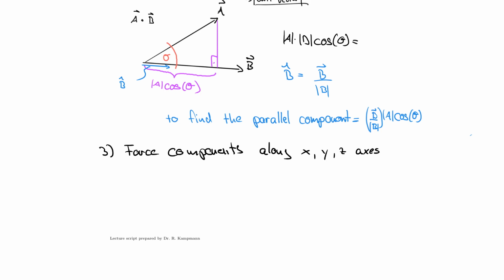So let's draw a 3-dimensional coordinate system. Let's do that right here. So I have a 3-dimensional coordinate system, and usually we have x, y, and z. And let's place a force in it. So let's say the force is acting in this direction.